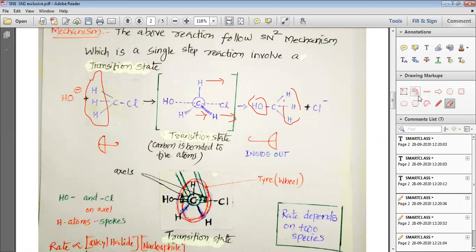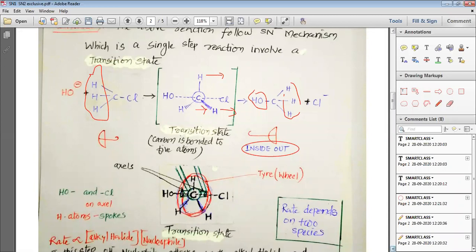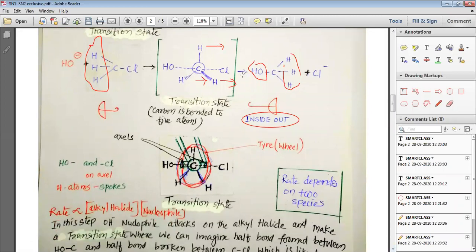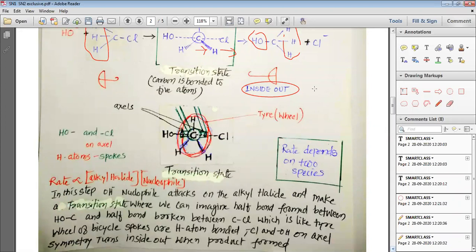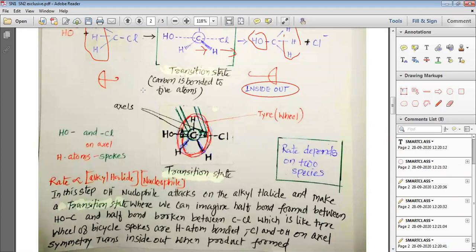This umbrella turns itself into another manner. The same way, these hydrogens which were present at the left side, during the process of SN2, completely turn to the right side. This process of movement of hydrogen from left side to right side is known as inversion of configuration. So in the SN2 reaction, the inversion takes place.